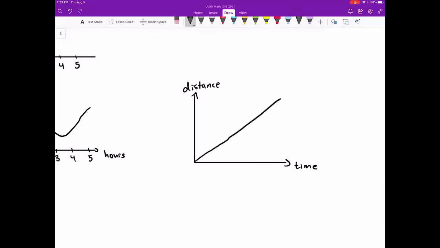You're not going to go from being at zero distance at 1 second to being 10 meters away at 2 seconds with no travel time in between. What's going to happen is that in between the 1 second and the 2 seconds, you're actually traveling. If we look at the graph, we label 0 seconds, 1 second, 2 seconds.